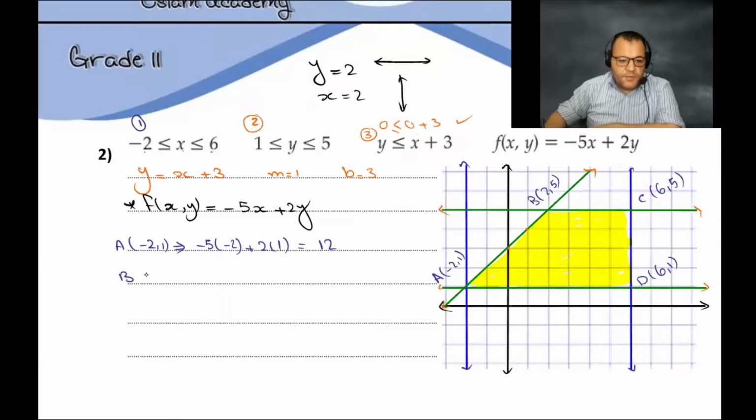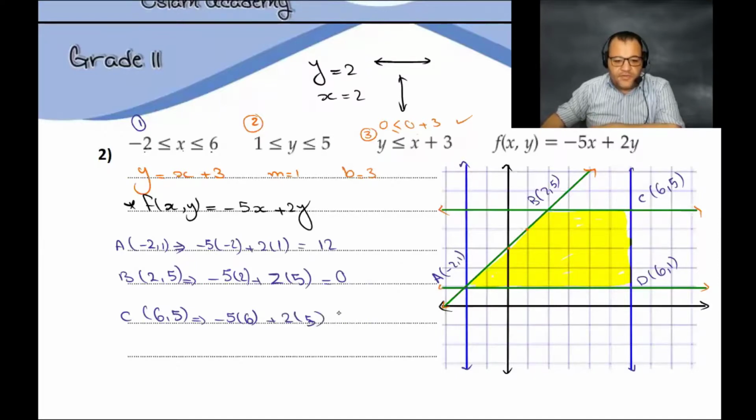At point B, (2, 5): -5 times 2 plus 2 times 5, so it equals 0. C, (6, 5): -5 times 6 plus 2 times 5.